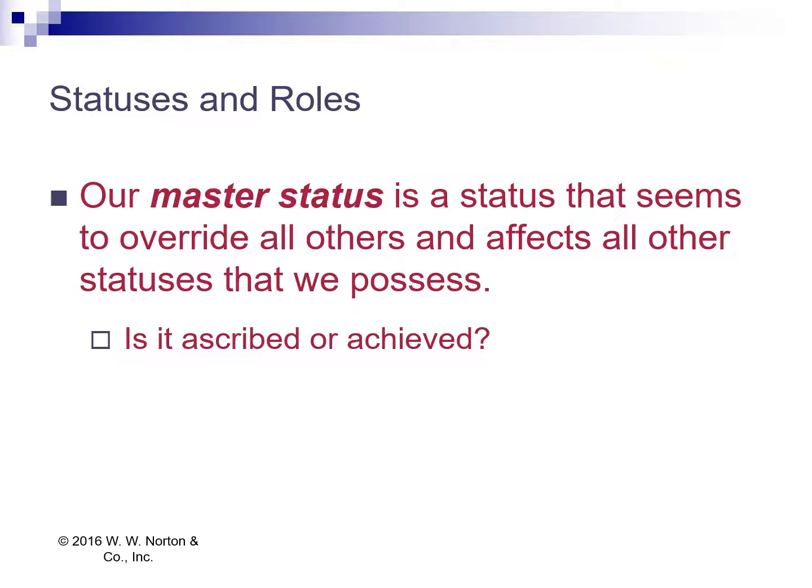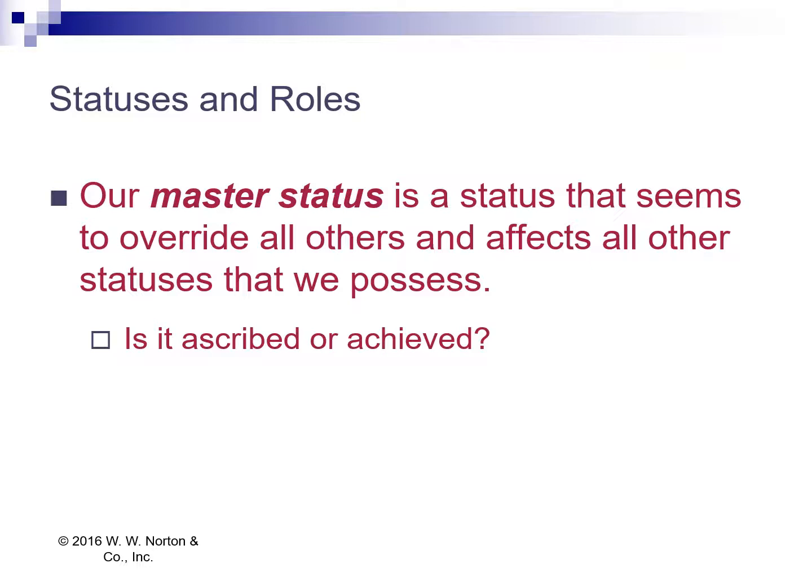Looking back over a long lifetime, hindsight is 20/20, I would say my master status has been woman, because that has affected all the other positions that I have in that status set that I showed you. So that this overrides all others and affects all others.